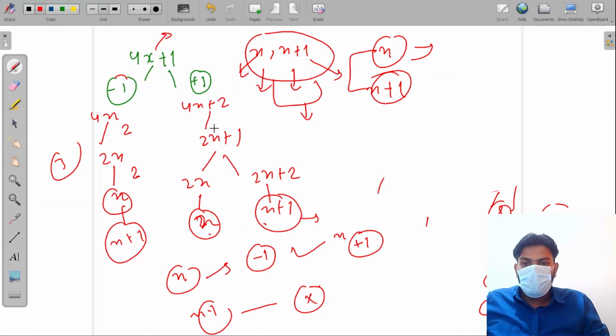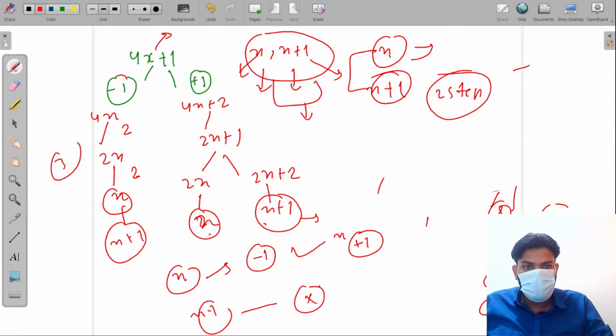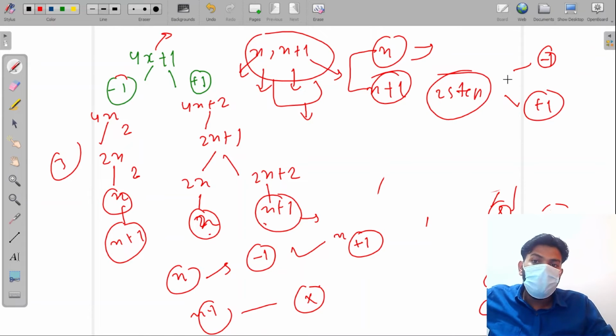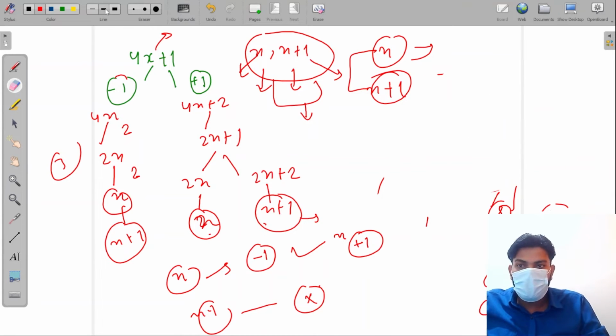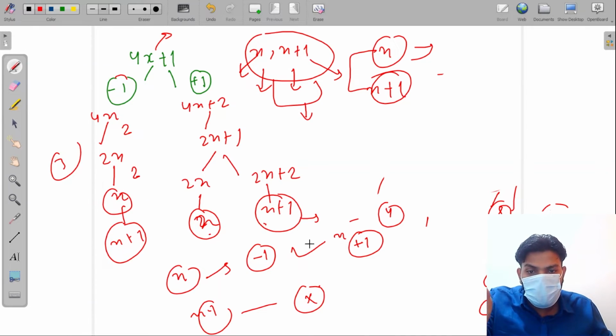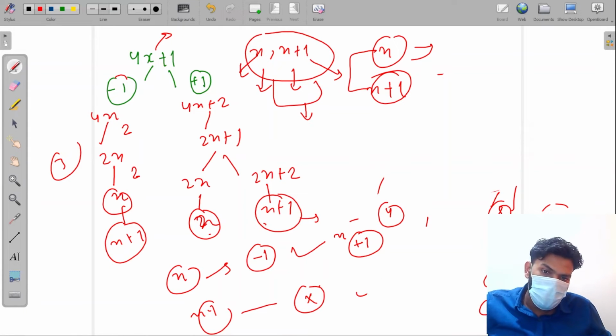When you decrease this x with plus 1, you take two steps, minus 1 and plus 1. So which step is better? I'm deciding here now. When you take the negative step, you can reach x plus 1 in the same manner, in 4 steps. But when you take the plus 1 step, you also take 4 steps.